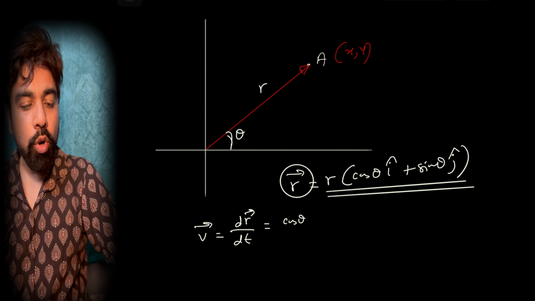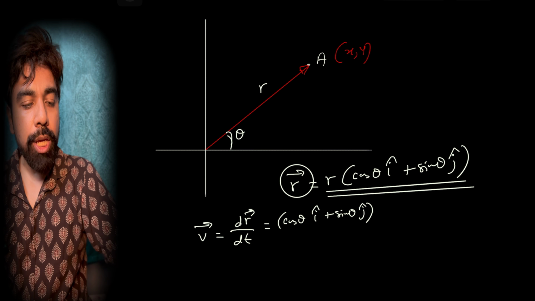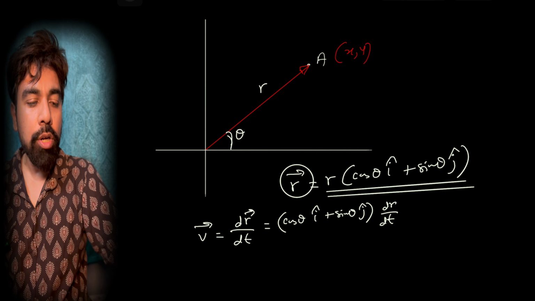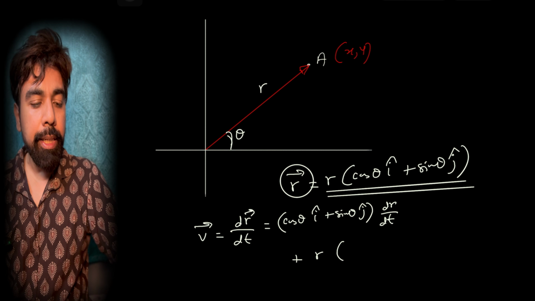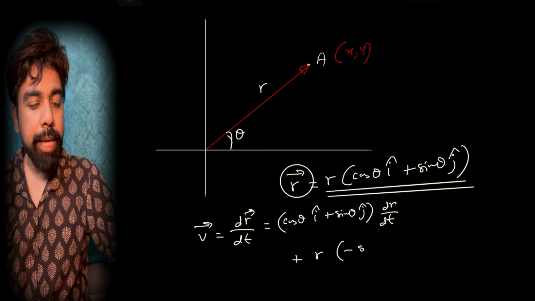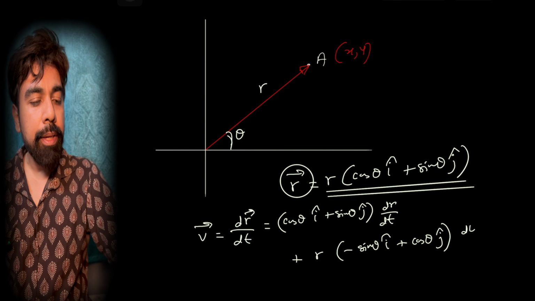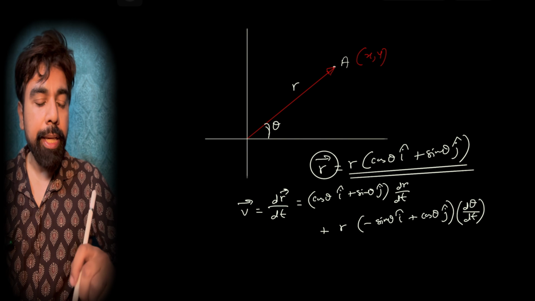It is going to be cos theta i cap plus sin theta j cap into dr by dt, right? Theta being constant and r is varying. And in the second case, r is constant and theta is varying. If I take the derivative of this, I get minus sin theta i cap plus cos theta j cap into d theta by dt. But d theta by dt is omega, right?